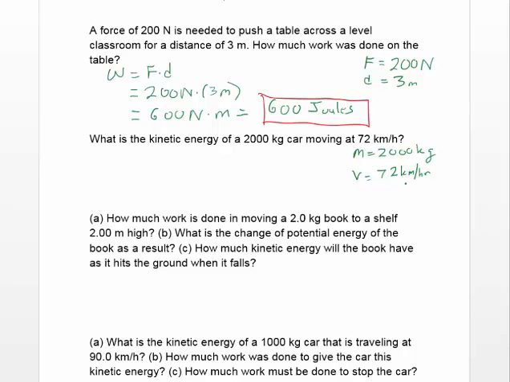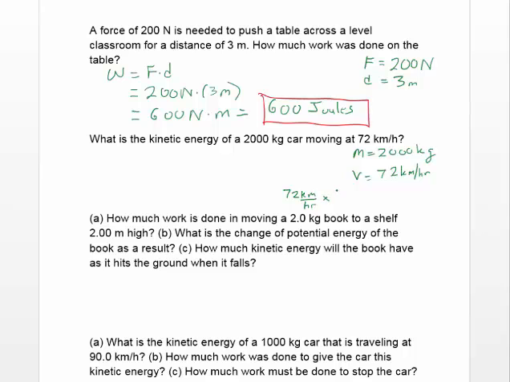Now, the problem here is that the velocity is not in the correct units, so we have to convert it. We have to take the velocity that we have, 72 kilometers per hour, and convert that to meters per second.